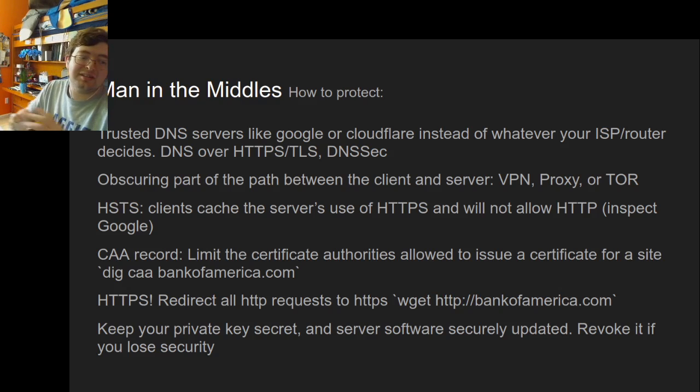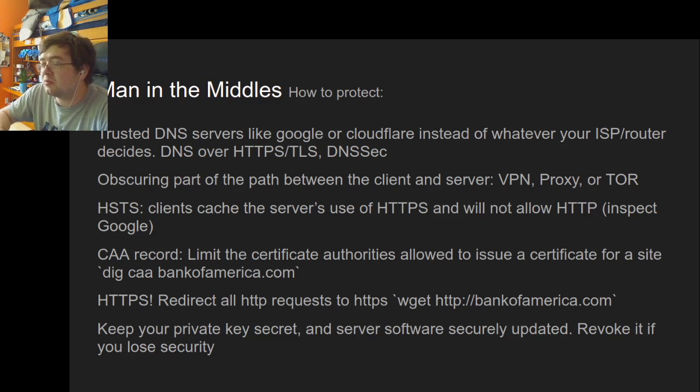There's things called CAA records, and if any of you want to look up a CAA record, it is a certificate authority authorization. What that does is it means that hopefully your certificate authorities, before issuing a certificate, will check for this. And this just says, only Let's Encrypt can issue certificates for bankofamerica.com, or only DigiCert or GoDaddy can issue certificates.